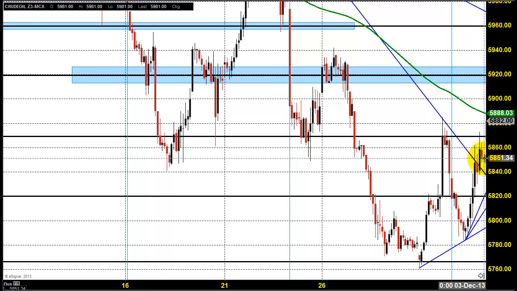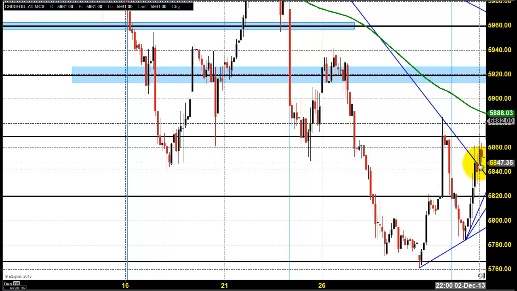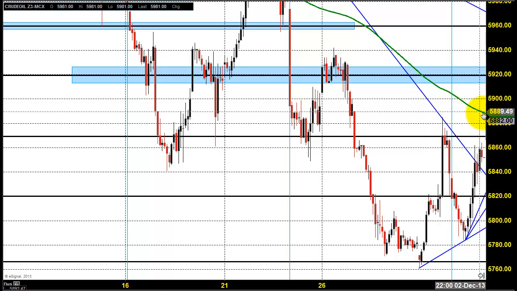Then we gave a clear indication because the price was breaking this trend line, and we expected all the traders to keep a close watch because the moving average is also converging here. If they see any support or any strong price action above 5890, we expected that price can easily test 5920.